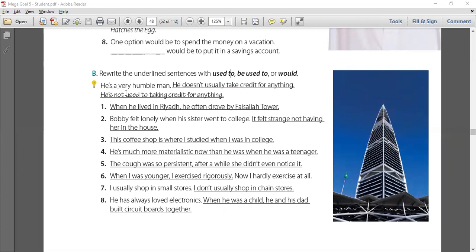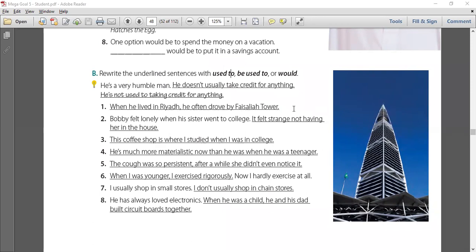For example, here, he's a very humble man. He doesn't usually take credit for anything. So he rewrote the sentence saying he is not used to taking credit for anything. You see? Number one, when he lived in Riyadh, he often drove by Faisaliya Tower.